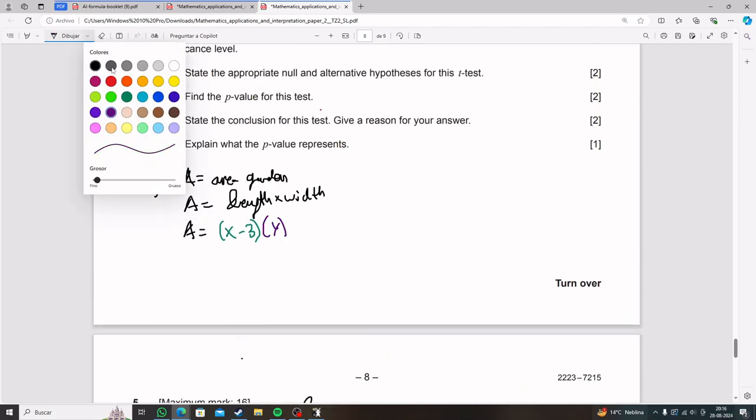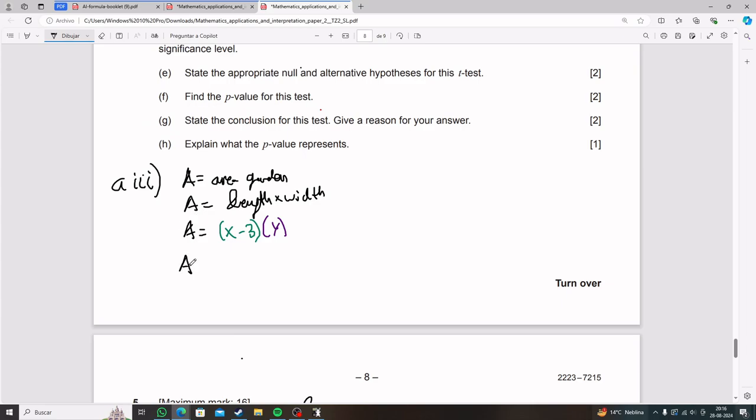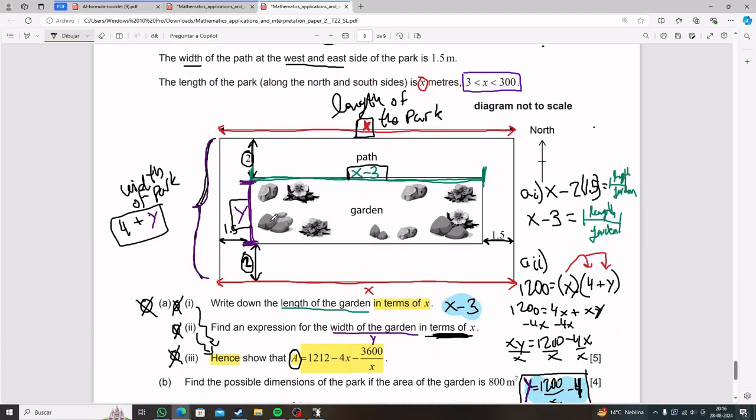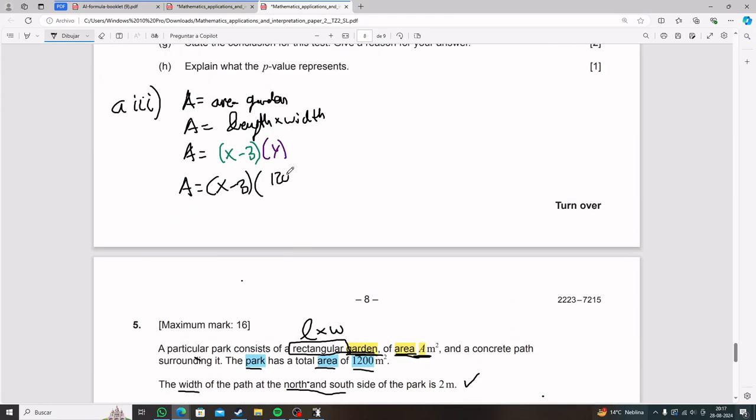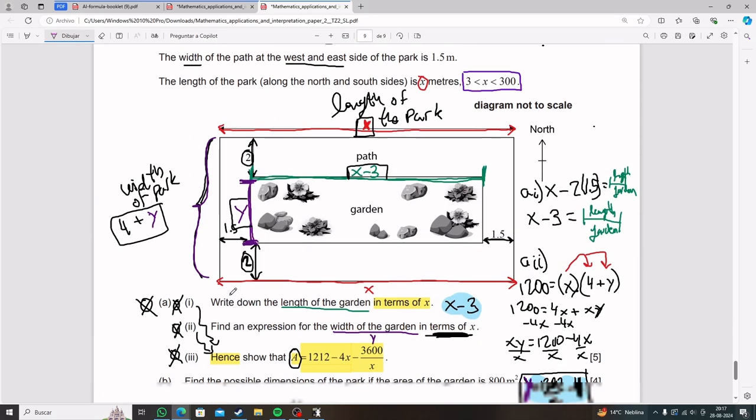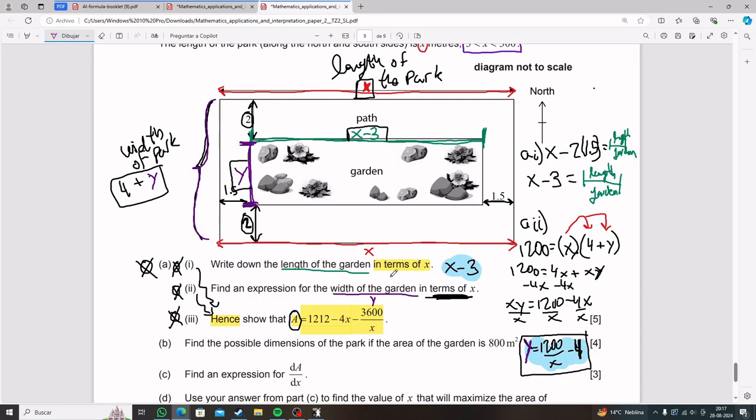Now from part A double I, you found that y is actually going to be this right here, 1,200 divided by x minus 4. So this y turned into this here from part A double I. So notice how the hence or the thus is helping a lot with this part of the exercise.